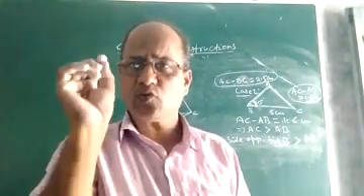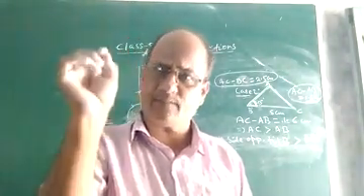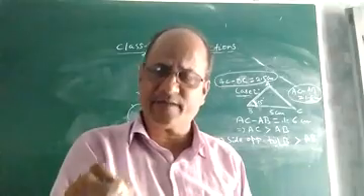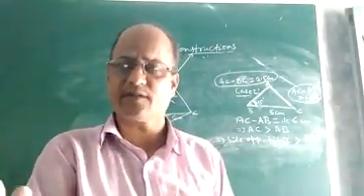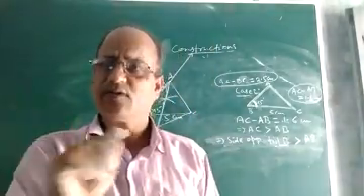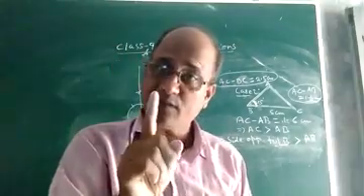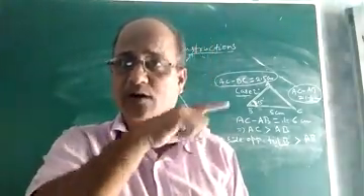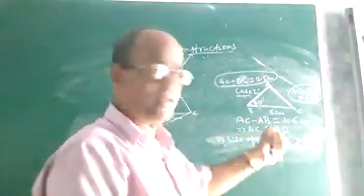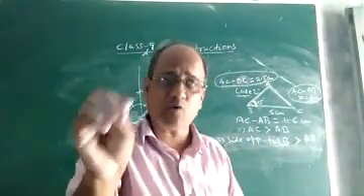These are the steps to construct a triangle when the base is given, one base angle is given, and the difference of the two other sides is given. First you will take the base, then draw the base angle, produce it, then you have to see whether the difference will be cut upward or downward. There are two cases, and I discussed both. How will you know?